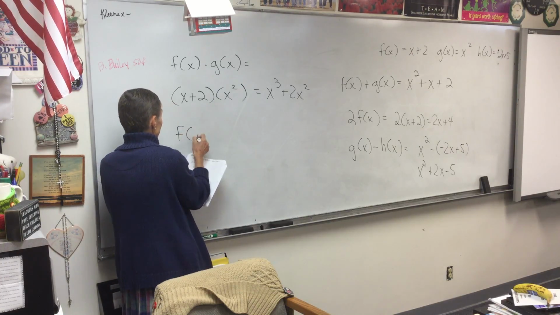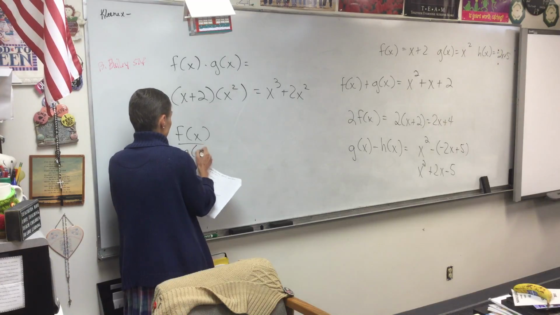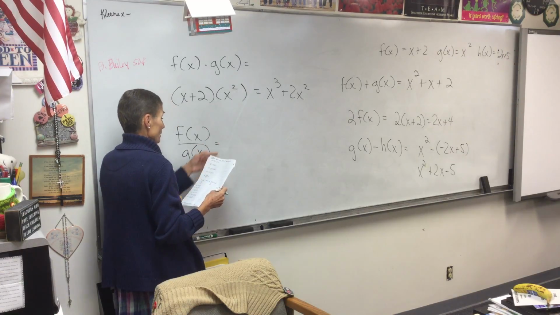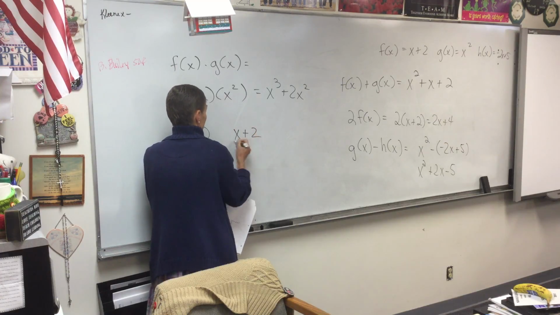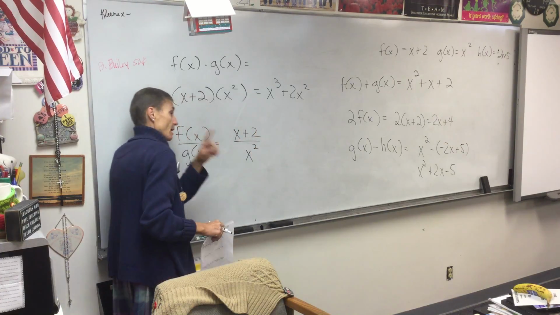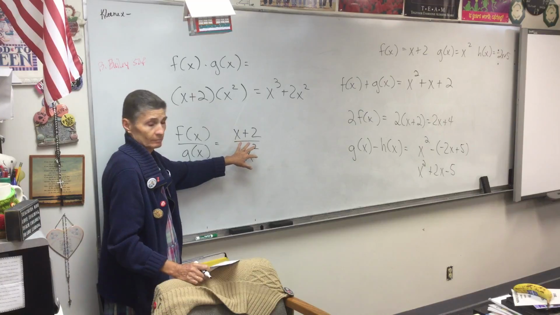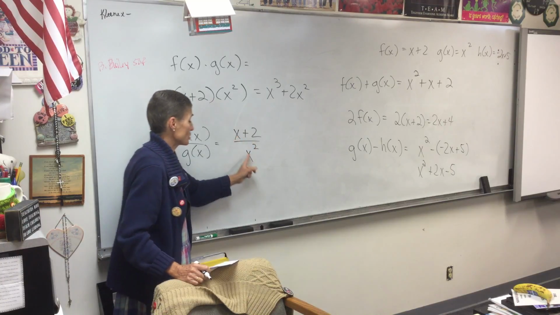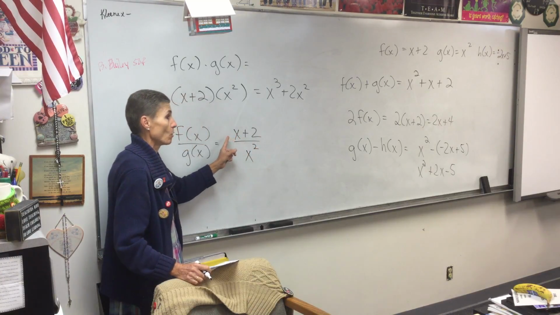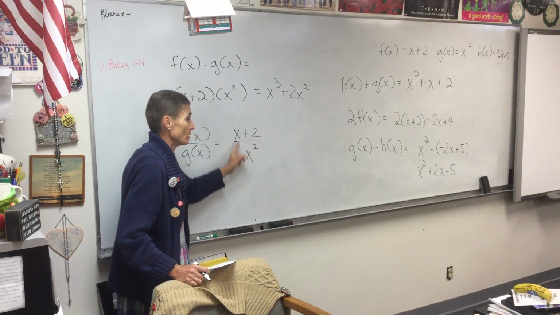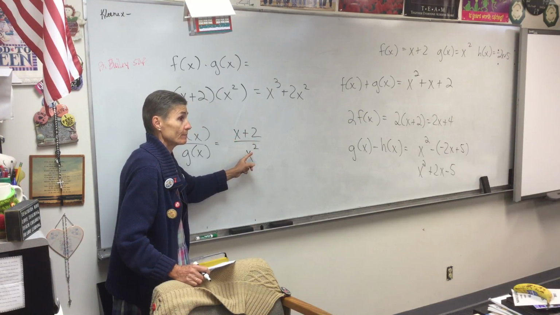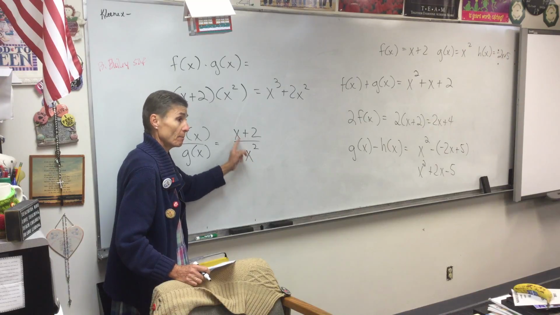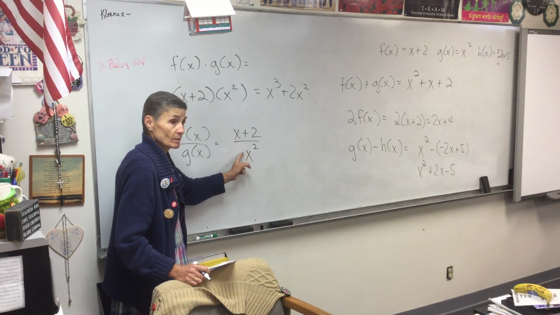And then f of x over g of x would be what? Perfect. Are we going to cancel here? No, we are not, because this is just like the ones we talked about before. If you want to cancel in a 3-part problem, you have to cancel out of every part. You can't just cancel out a part of the parts. So that's done.